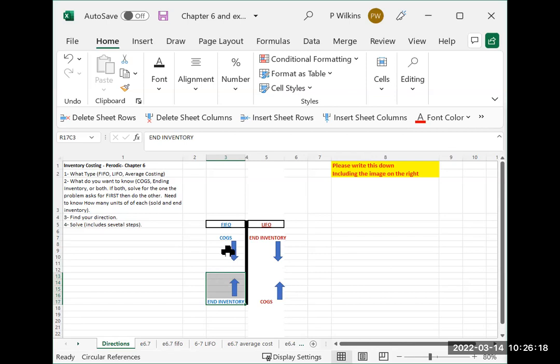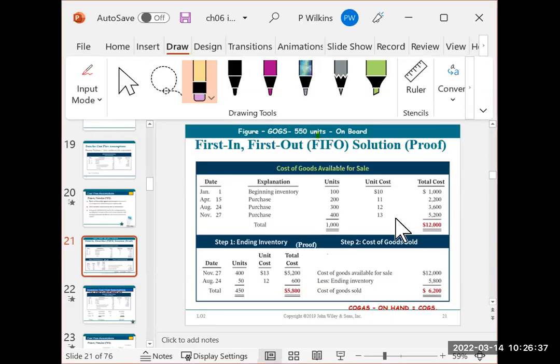Okay, so I'm now going to share the slide and walk you through how we solve this. We're solving for ending inventory. The very first thing you need to know is how many units are in ending inventory.